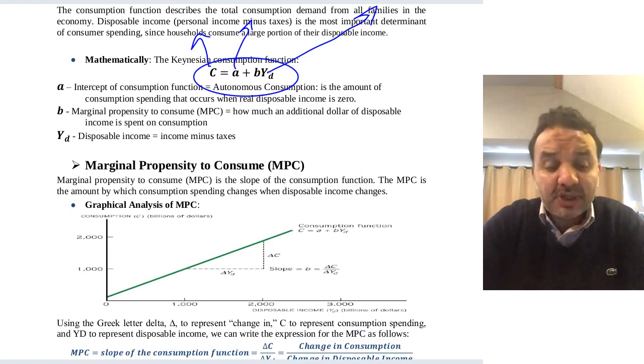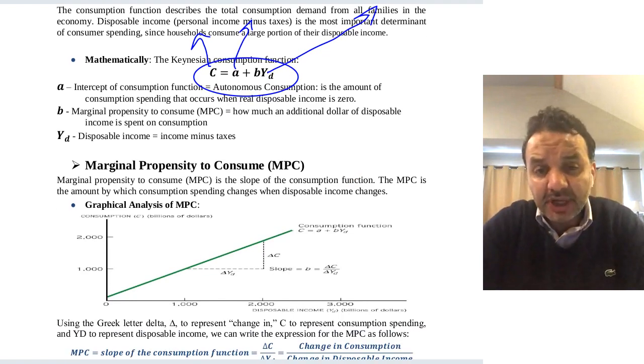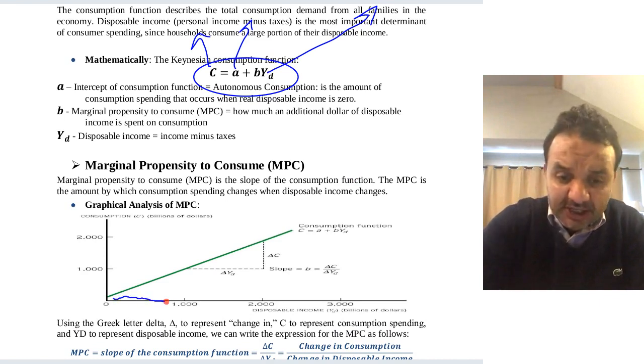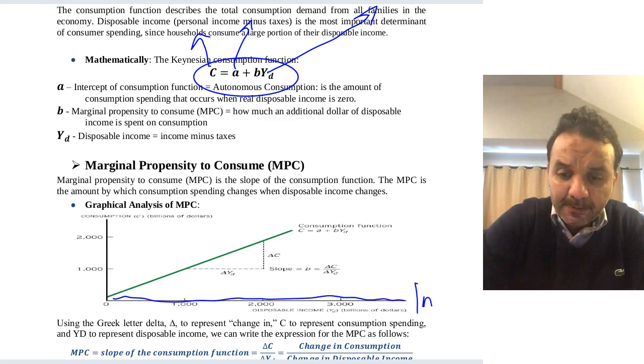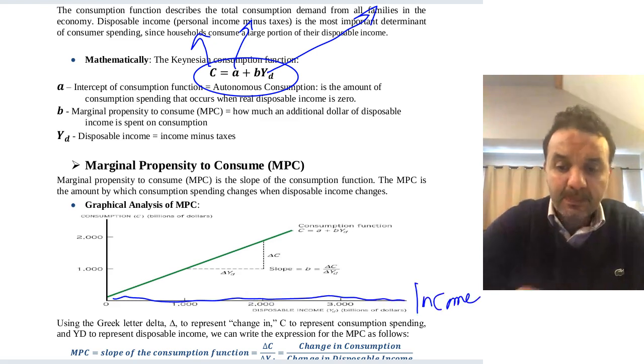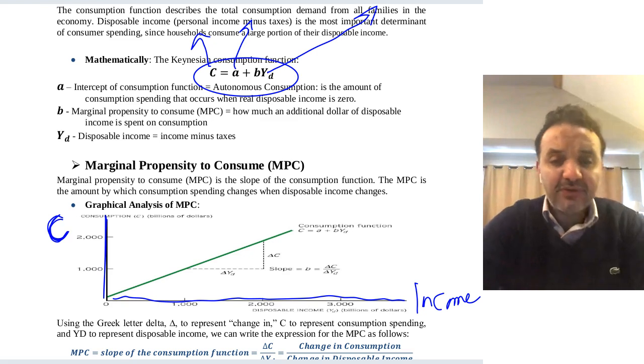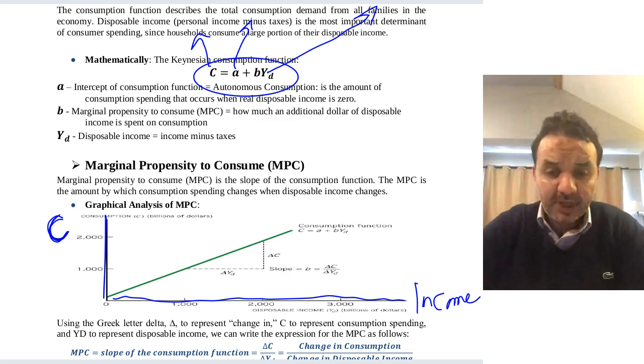Can we plot this formula on XY axis? Yes. So let's put here on the X axis your income, and let's put here on the Y axis your consumption. So we have two factors here, consumption and income.